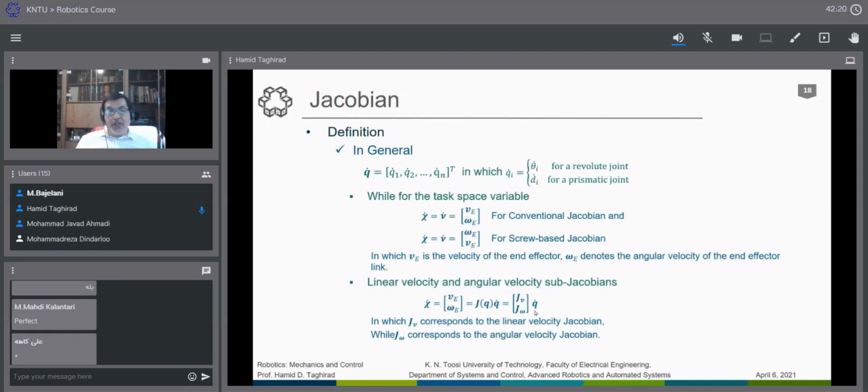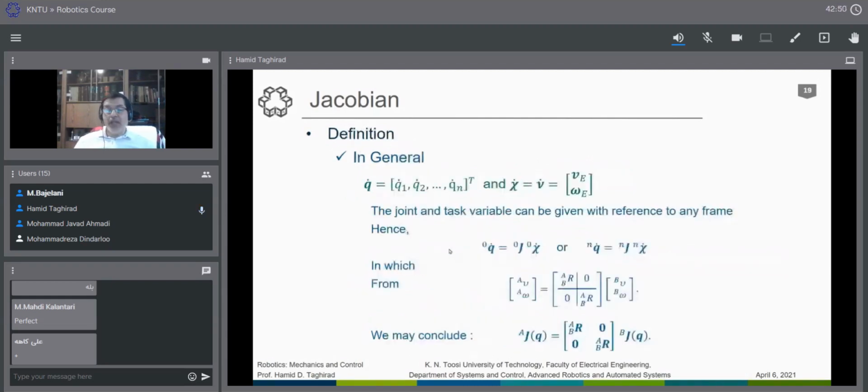And sometimes we just find partly these two sub-Jacobian parameters. All right, this gives all the notation and definitions that we need to know. For now, in this session, we start with this type of representation. In the next session, we discuss this type of representation.